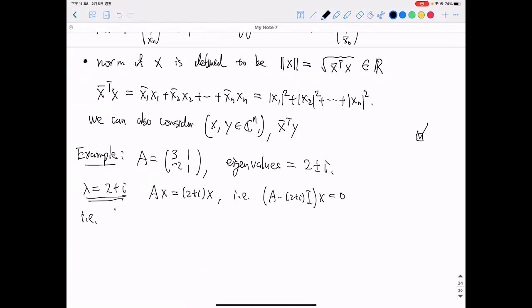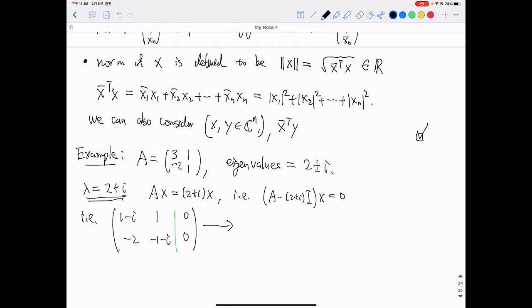Now you write the augmented matrix: 3 minus (2 plus i) is 1 minus i, minus 2, 1 minus (2 plus i) is minus 1 minus i, and then you have 0, 0 here.